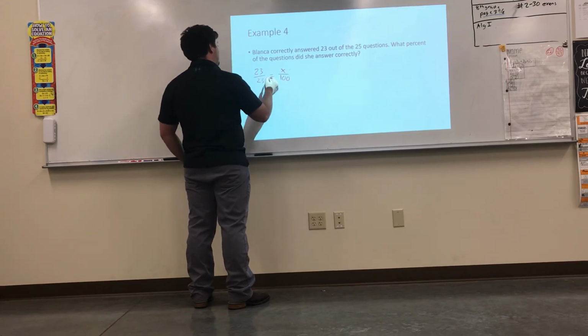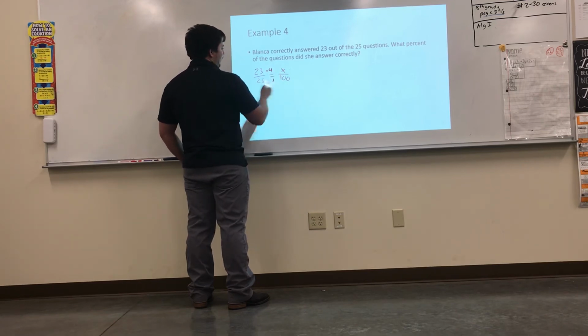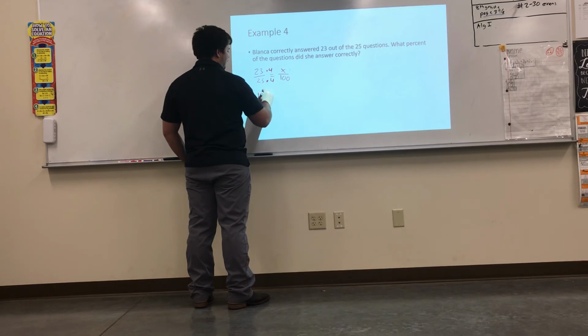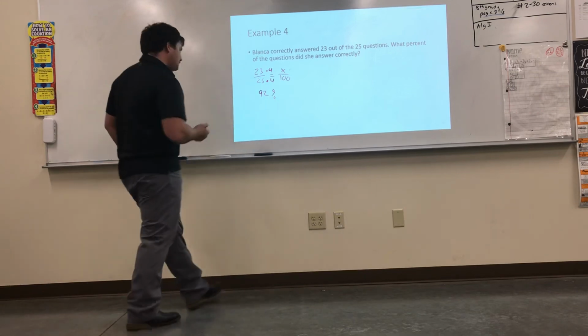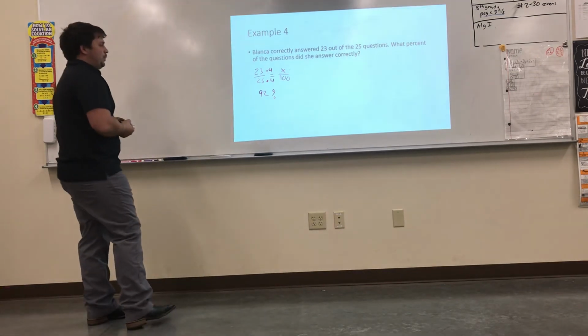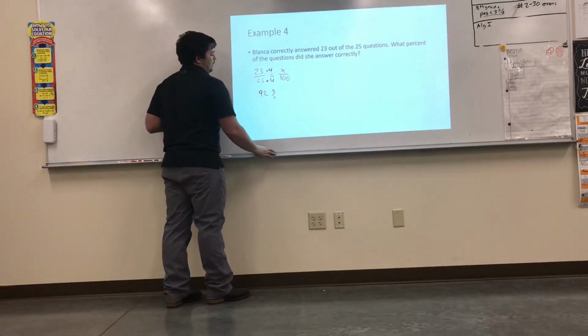The old way that you probably are used to is times this by 4, times this by 4. The other way would be what we've done lately, which is cross multiply. If you do it this way, you're going to end up getting 92. Either way, you should get that percent. You guys are probably pretty familiar with that, and that's an easy number to do it with. So, if I see something like that, I'm probably going to take the easy route, not the hard route.